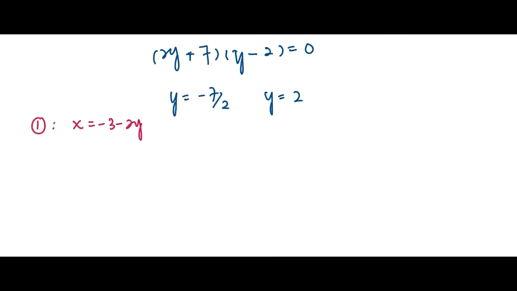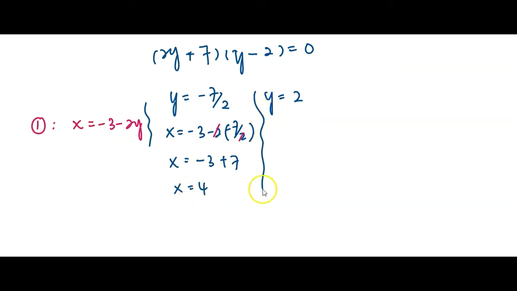So in order to get a value of x, I'm going to substitute those values of y into equation 1 to get my x. So the first x has to be negative 2 multiplied by negative 7 over 2. Cancel off the negative 2. Alright, then I have negative 3 plus 7. That will be 4.